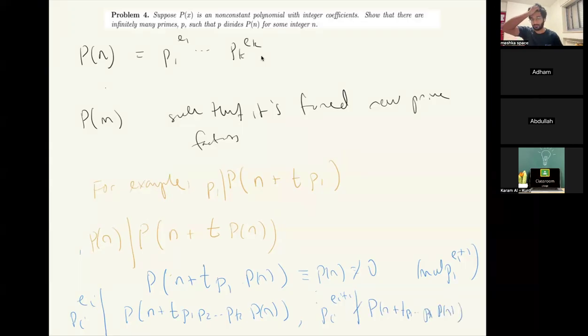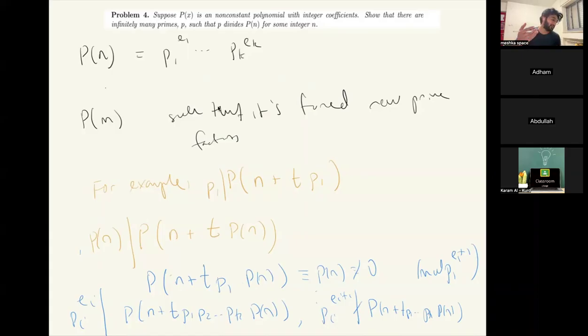Does it make sense? It's very slick. By very precisely controlling the input, we made it divisible by P, but we controlled exactly how much. So now it has to have a new prime factor.